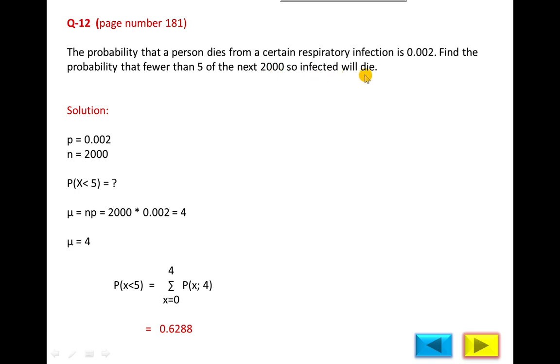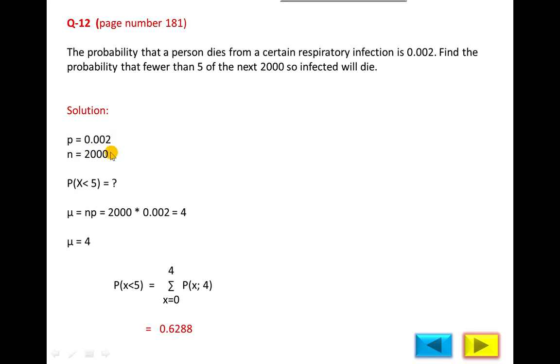The person may die or survive, so you have two possible outcomes. P is here 0.002, n is 2000.